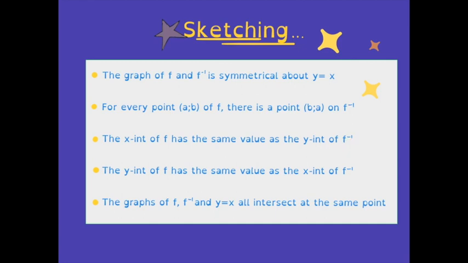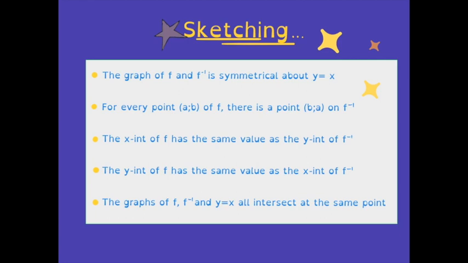Very interesting. Swap x and y around. The y-intercept of f, the original function, has the same value as the x-intercept of the inverse. And what's really interesting is that the original graph, its inverse, and the line y equals x all intersect at the same point.